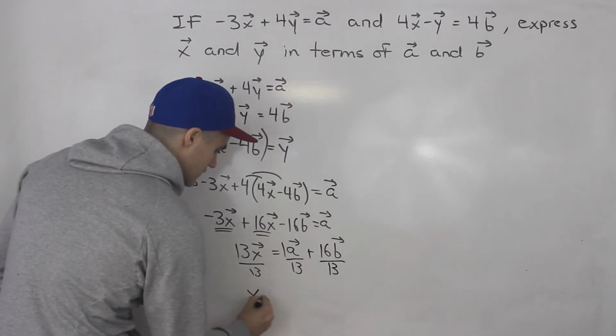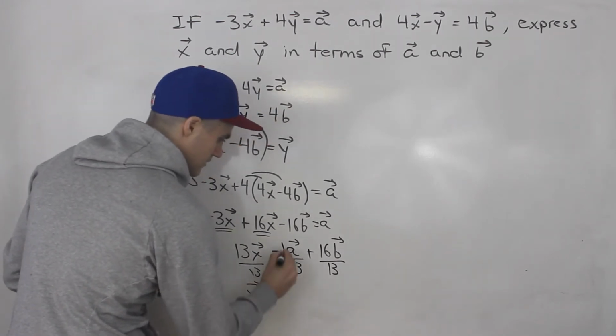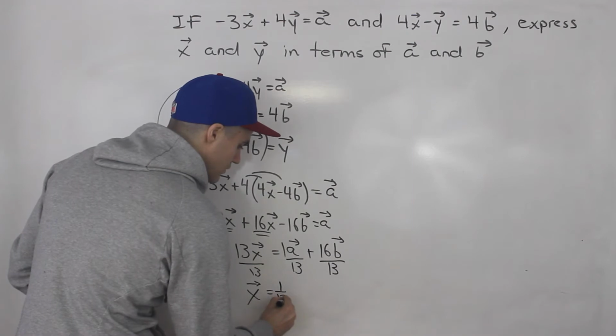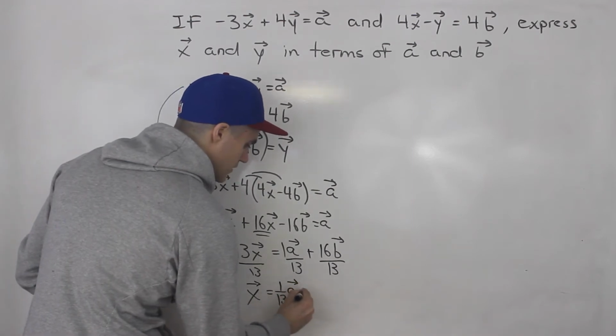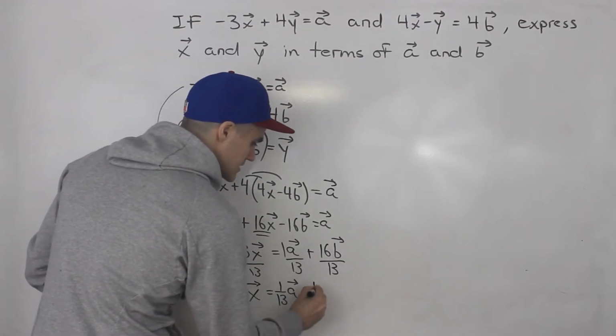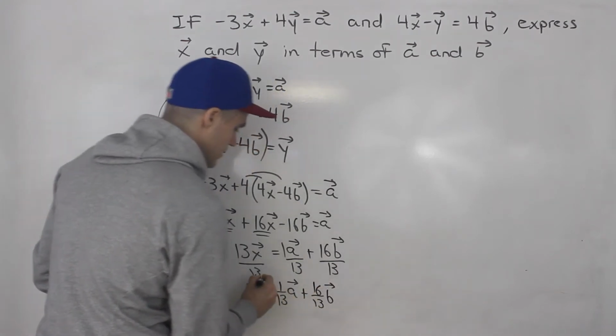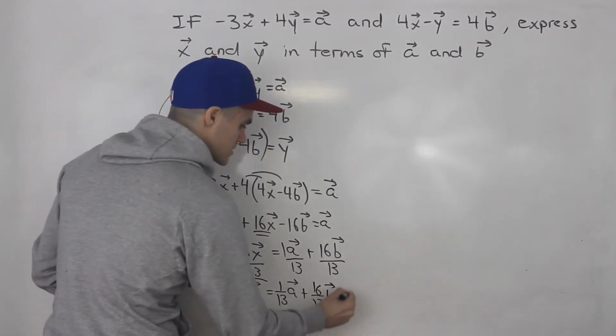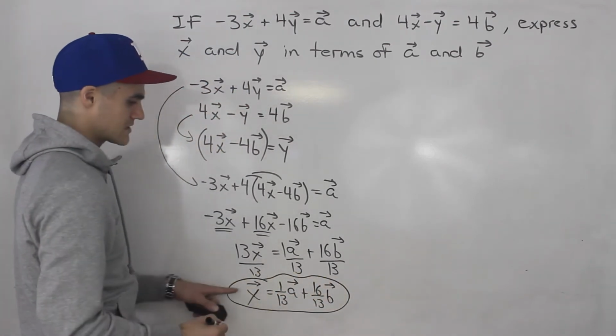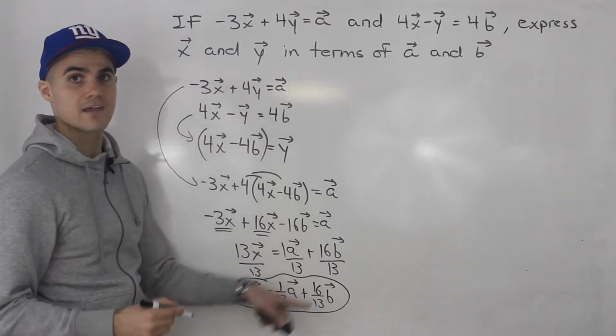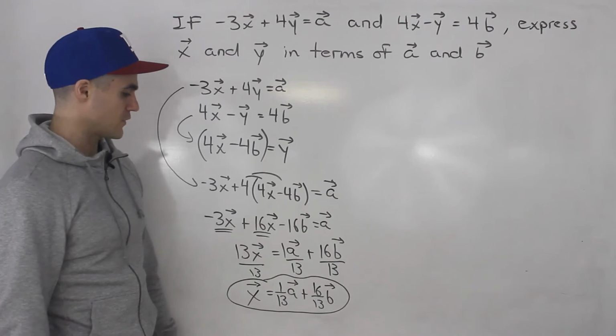So now notice vector x is 1 over 13 times vector a plus 16 over 13 times vector b. And notice that we've expressed vector x in terms of a and b. So we're done half the question.